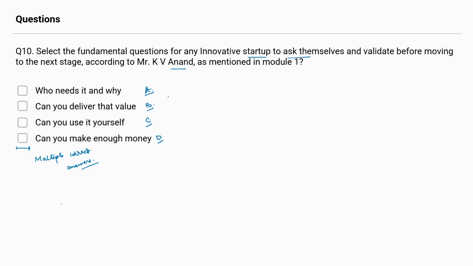People have started saying option A, B, and D; A and B; A, B, and D. All right, so if I look at the responses, it is around A, B, and D, and B and D are also getting the right responses.